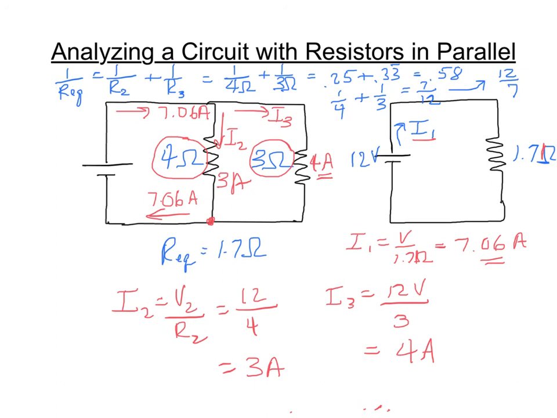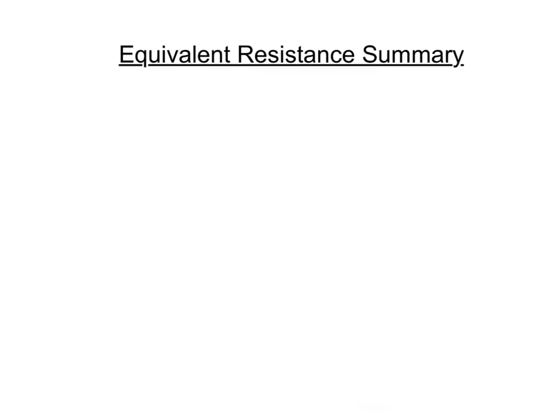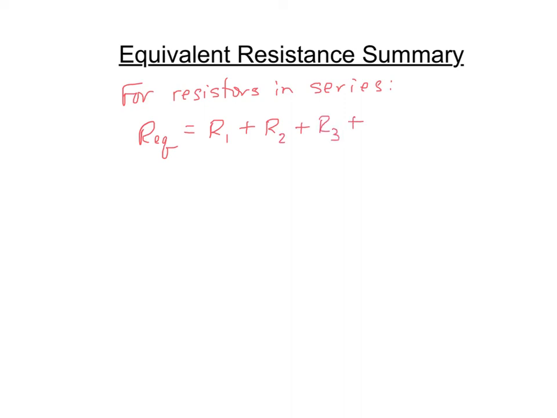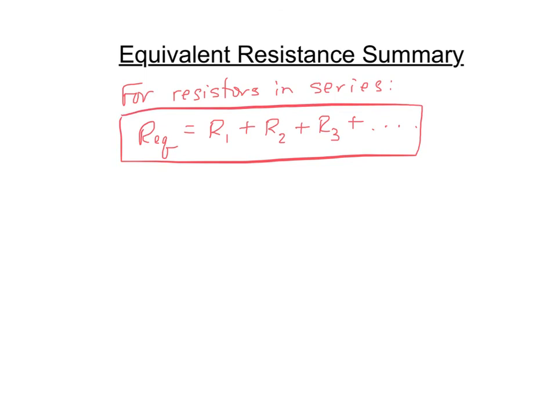Finally, to summarize this idea of equivalent resistance, I would say for resistors in series, that's the first one I did, the equivalent resistance is as easy as adding up the values of the individual resistors and then getting an answer for the equivalent resistance.